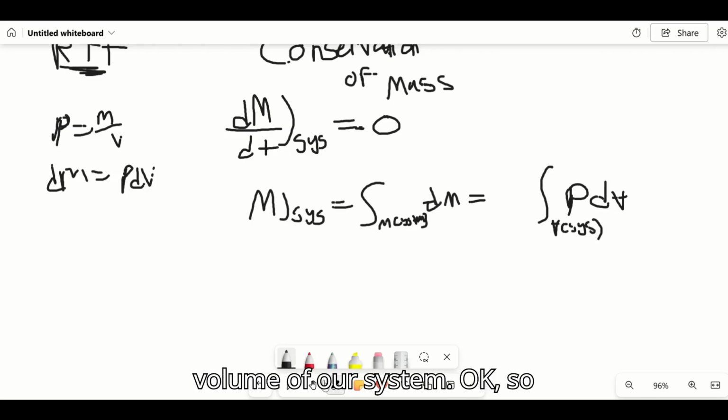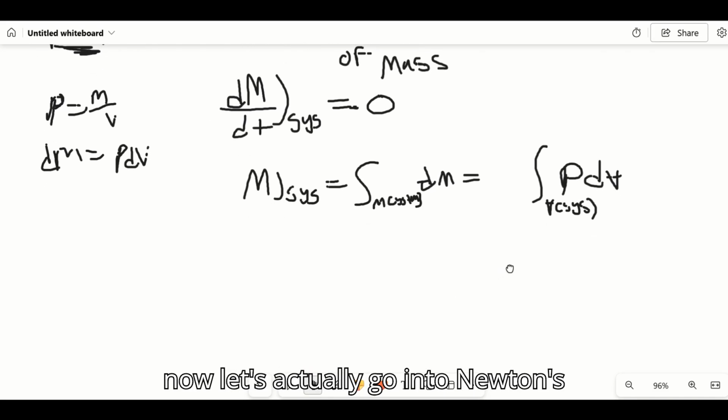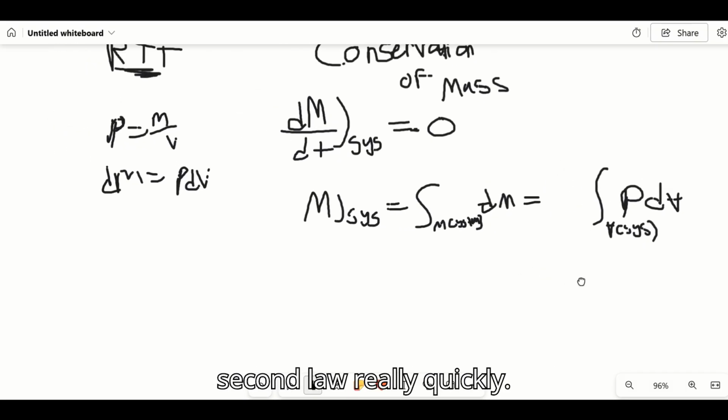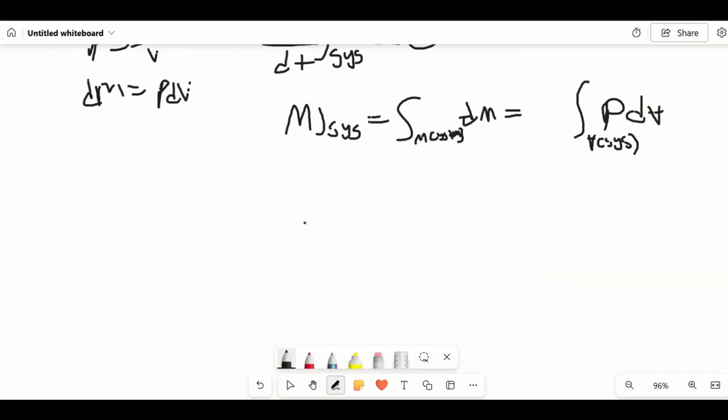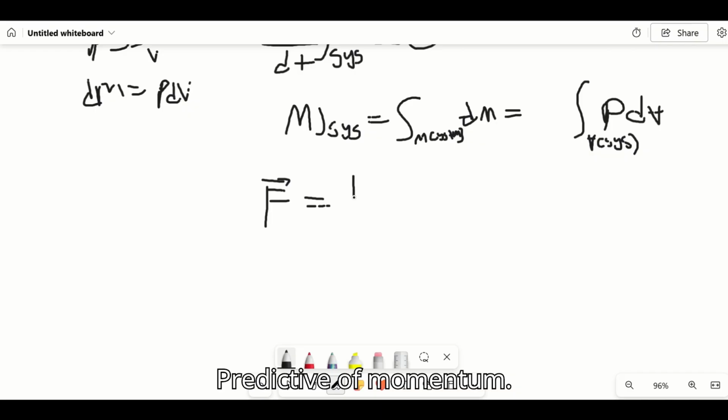Okay, so now let's actually go into Newton's second law really quickly. Newton's second law is that the force is the derivative of momentum.